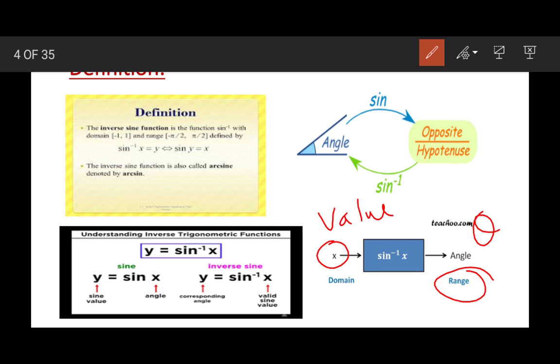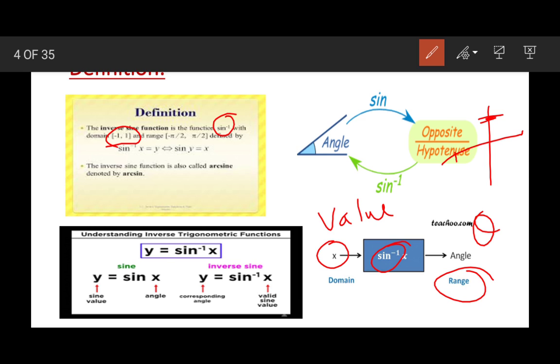The inverse sine function is denoted by sine inverse x, with domain -1 to 1. See, the maximum value: when theta is 90 degrees, sine 90 degrees is 1.